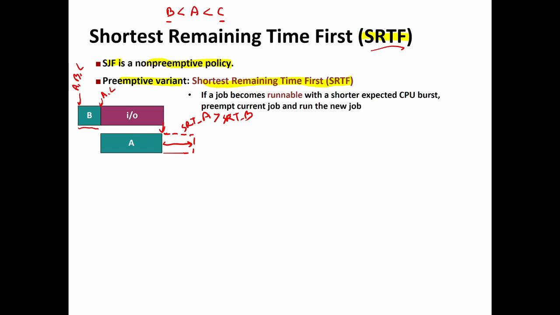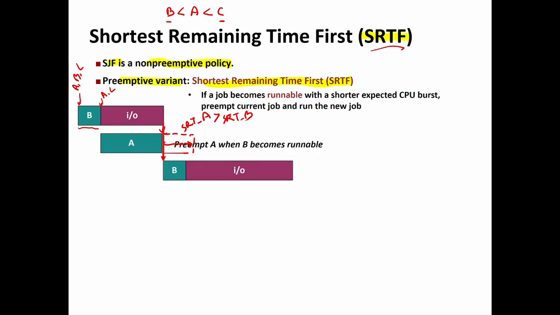So it will preempt A and run B here. That's good, because the operating system will get the CPU back much faster than in the case of A.